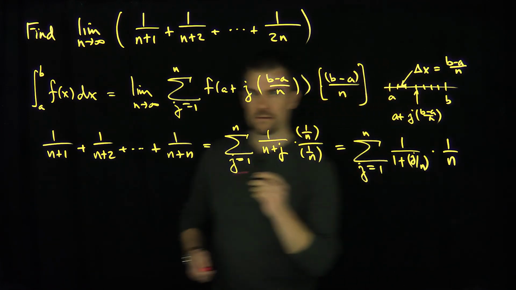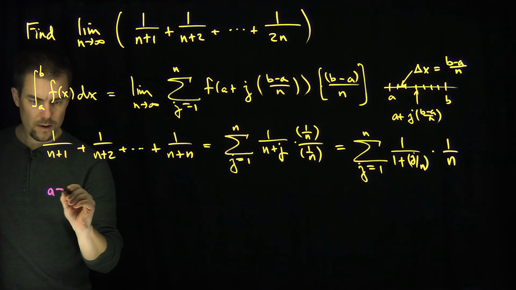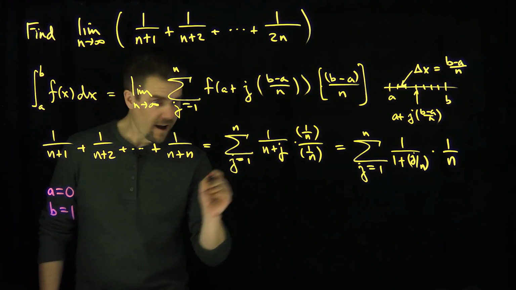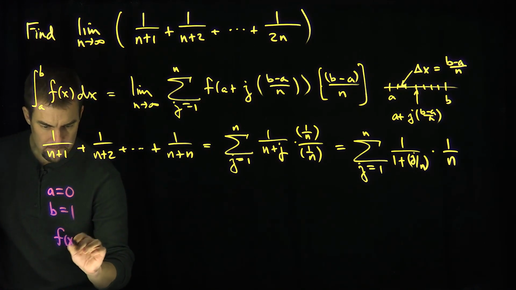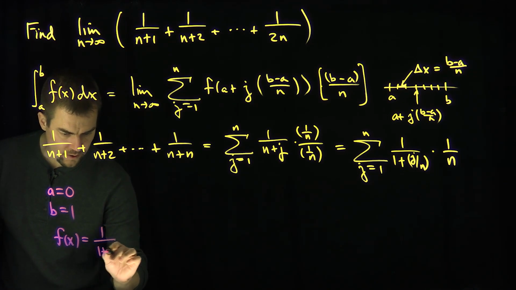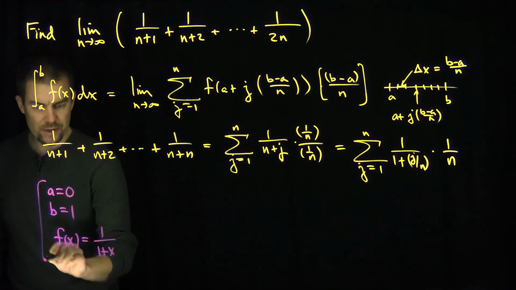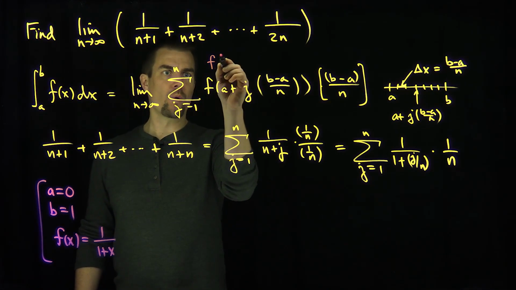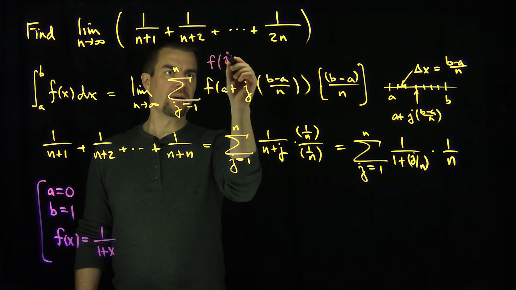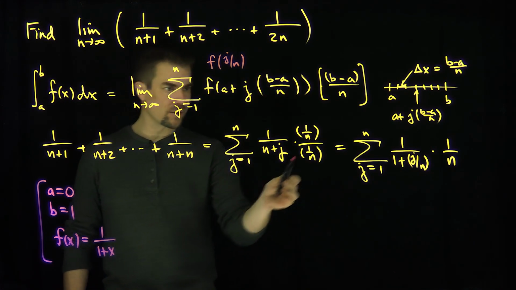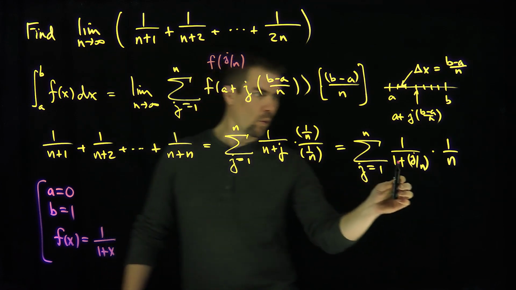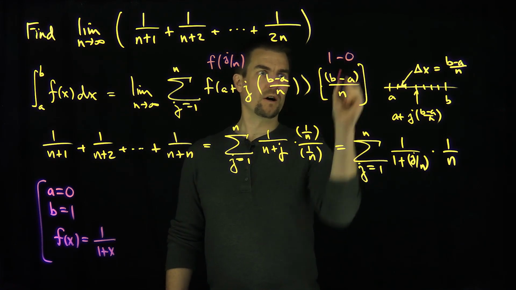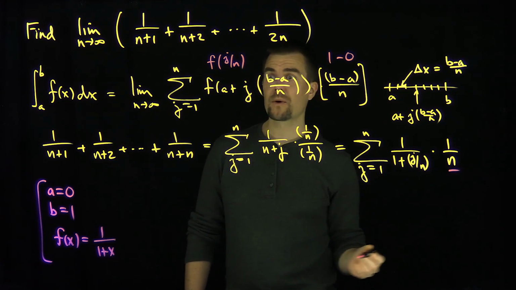If I let a be 0, b be 1, and f of x be 1 over 1 plus x, then with this choice of a, b, and f of x, what would this look like? This is going to be f of j over n. And f of j over n is 1 over 1 plus j over n. That works. And if b is 1 and a is 0, that's going to be 1 minus 0 over n. So that's exactly what we have.